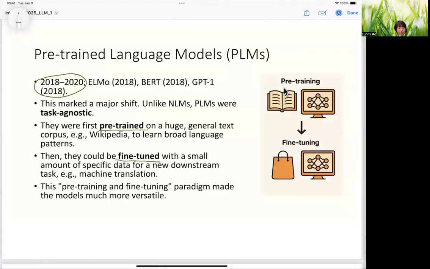Now, you want this machine to translate Spanish to English, then you need to fine-tune this model with a small amount of specific data, like 10,000 examples of translation from Spanish sentence to English sentence. This pre-training and fine-tuning paradigm made the models much more versatile. Okay?